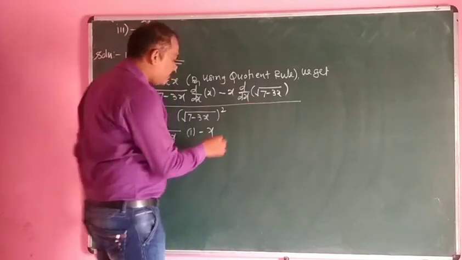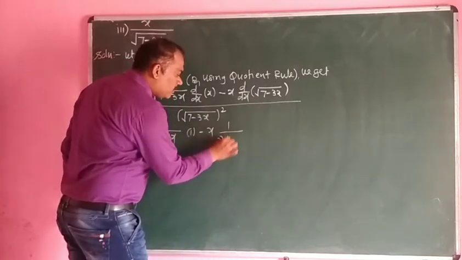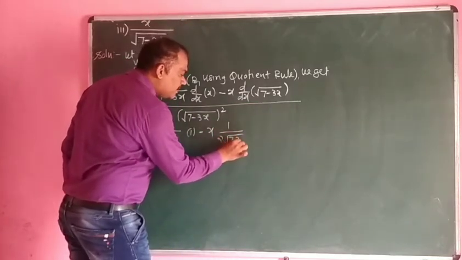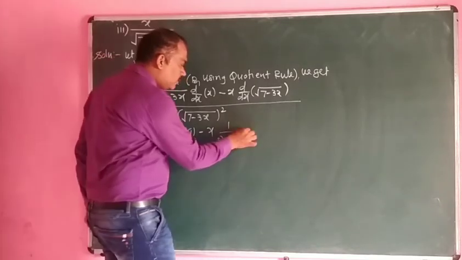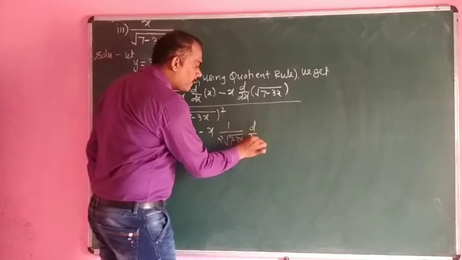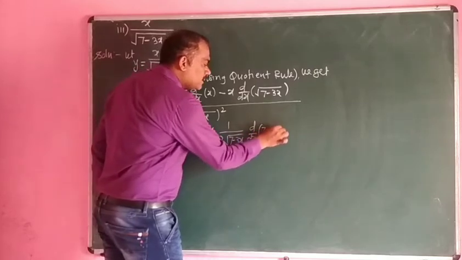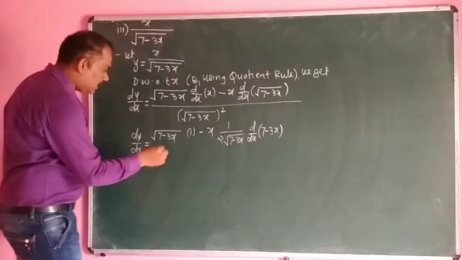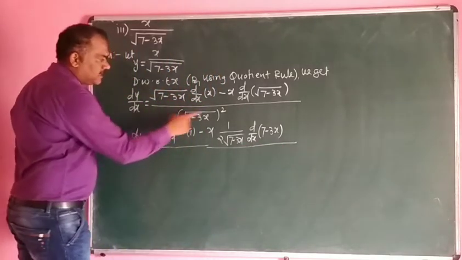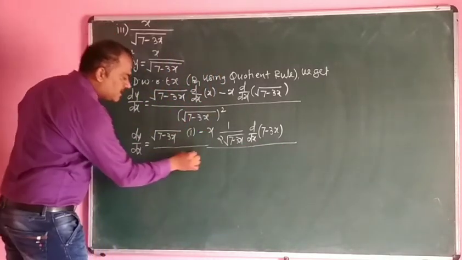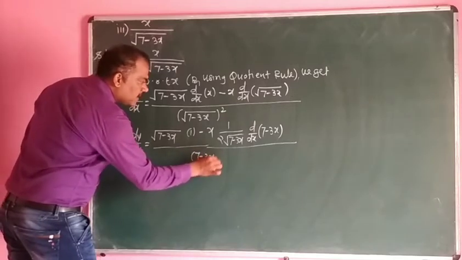What is the derivative of root? 1 upon 2 times root of (7 minus 3x), into d/dx of (7 minus 3x), divided by the denominator as it is. Square and square root get cancelled, that is 7 minus 3x.